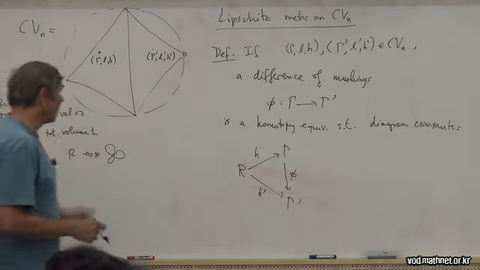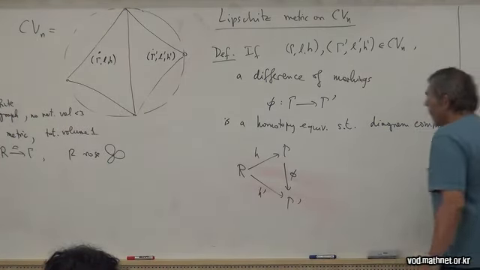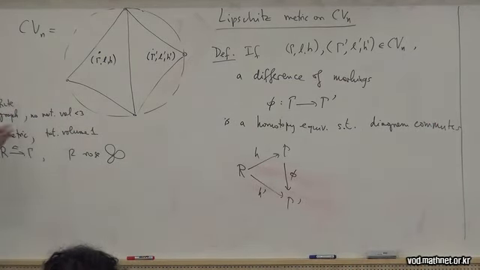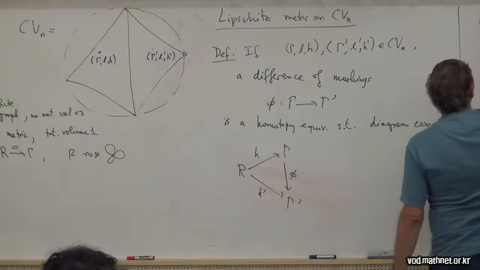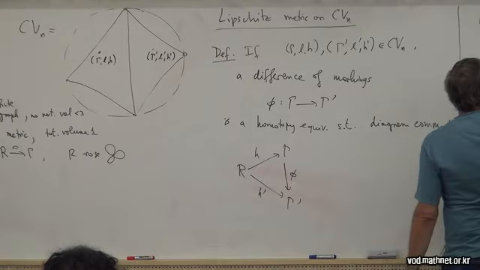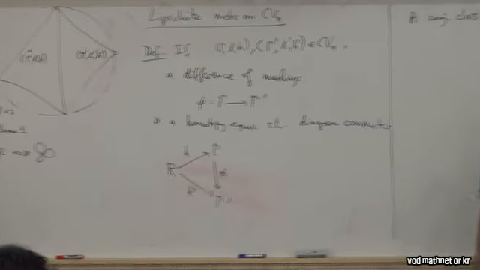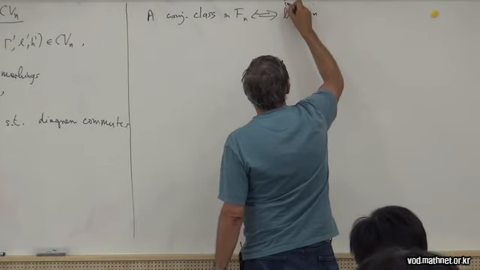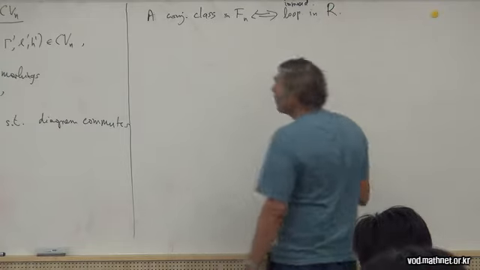Okay, and there's another little definition that maybe I should have mentioned yesterday. You can measure lengths of conjugacy classes because you have this metric. First of all, a conjugacy class in F_n is equivalent to having a loop, or I could even say an immersed loop, in the rose.